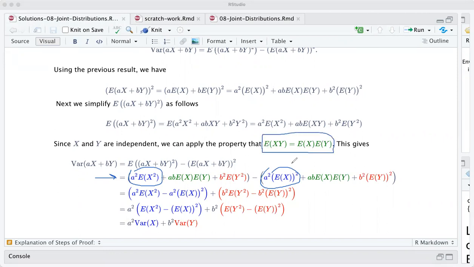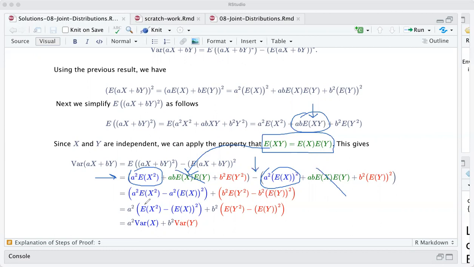I didn't prove this one, but if we assume x and y are independent random variables, then the expected value of xy is equal to the expected value of x times the expected value of y. So we can use that right in place here, which allows us to replace ab times the expected value of xy with ab times the expected value of x times the expected value of y. Now this term is going to cancel this term over here, because we have this leading negative sign.